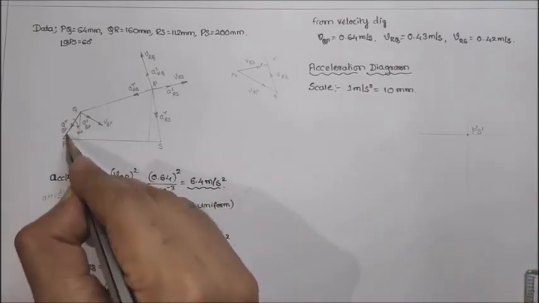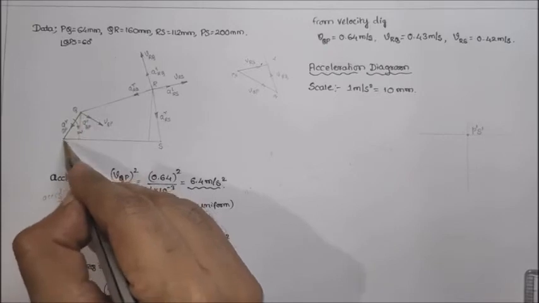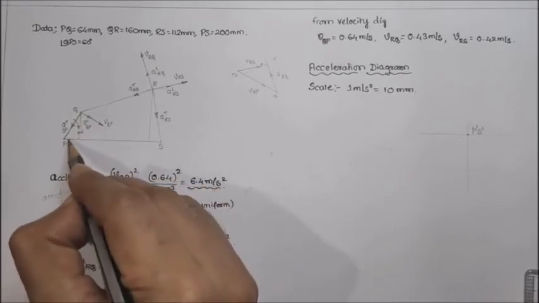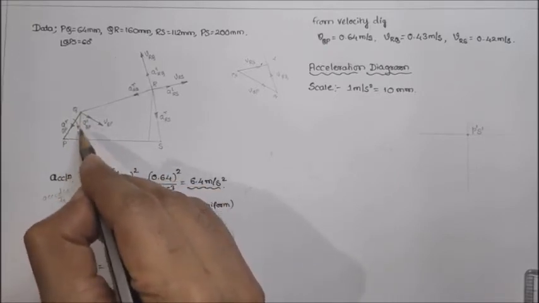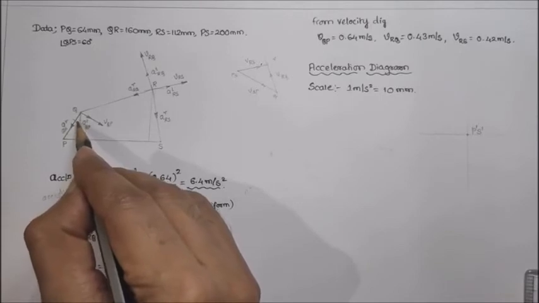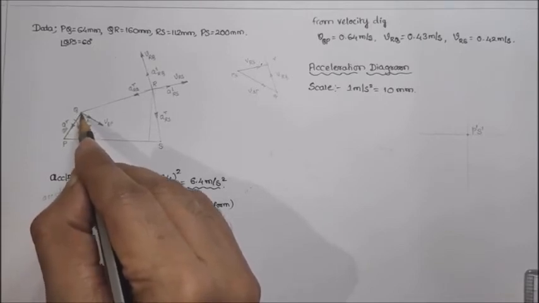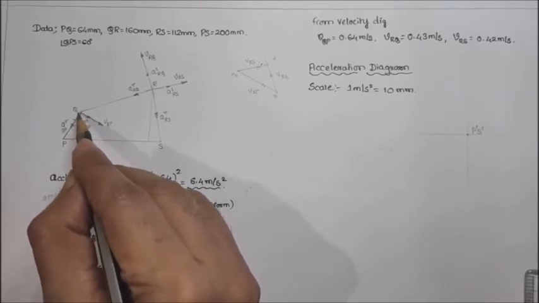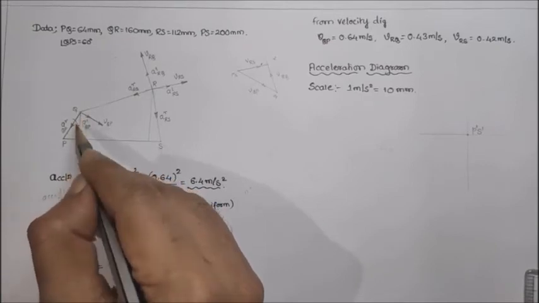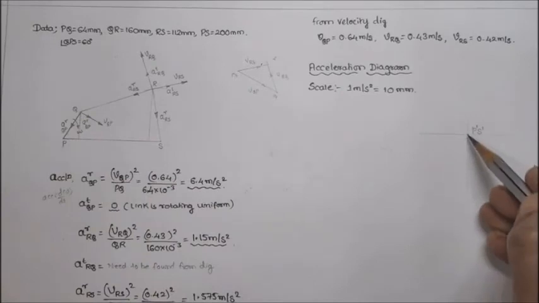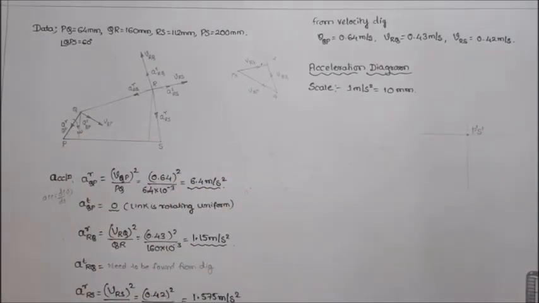To know this angle, QPS is 60 degree, then this is 90 degree, then obviously this angle will be 30 degree. So keeping this point here, we'll draw a vector at an angle of 30 degree, which is obvious and known to us.